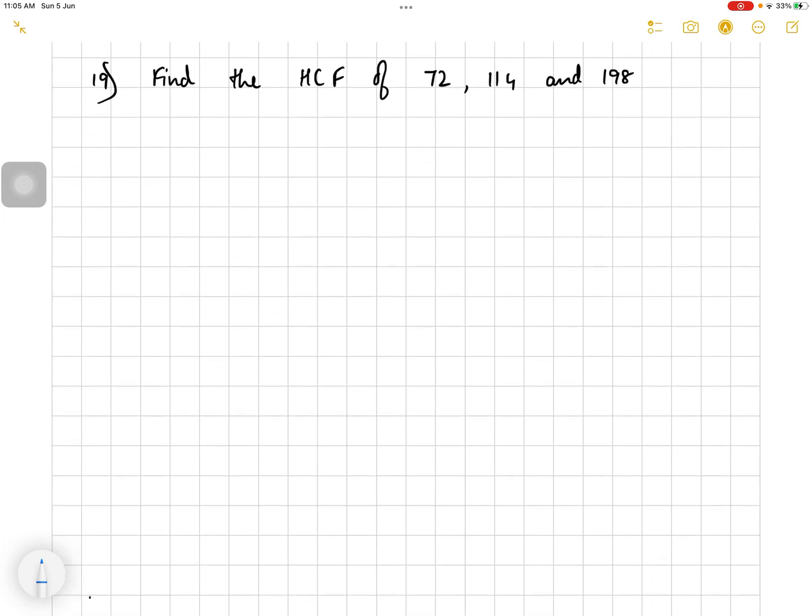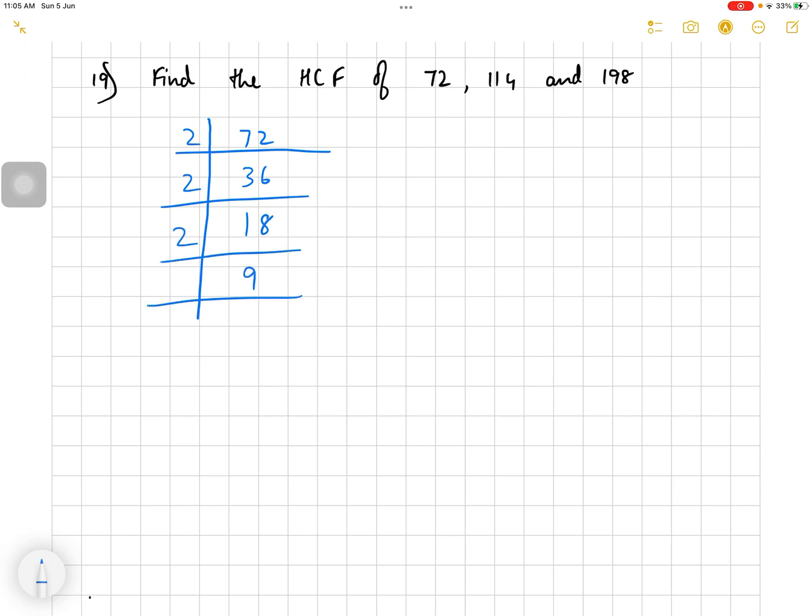Find the HCF of 72, 114 and 198. We are solving using the prime factorization method. So 72: 2 36s are, 2 18s are, 2 9s are, 3 3s are, 3 1s are.